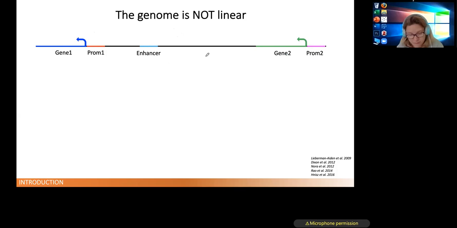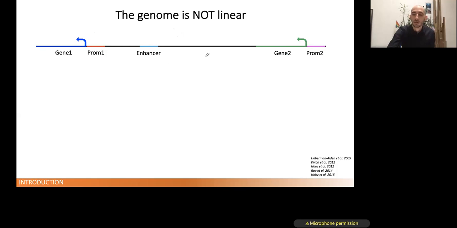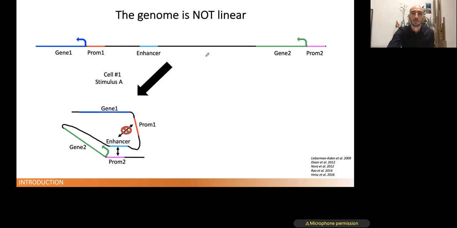But this is not the functional version of the genome, because according to whatever cell type or stimuli the cell receives, this linear genome folds and acquires a different conformation, in which the enhancer interacts with the second promoter to activate this gene, and is not able to interact with the first promoter.